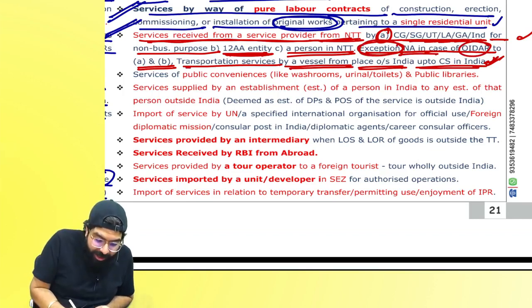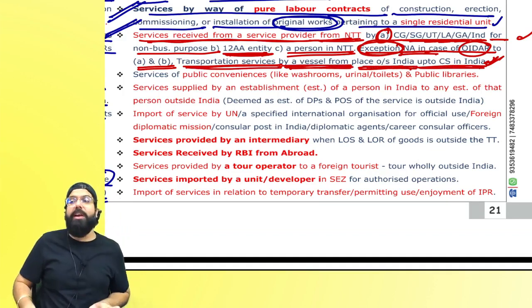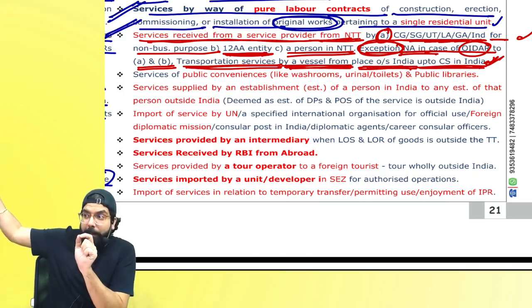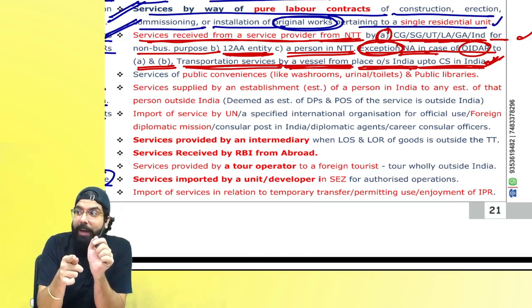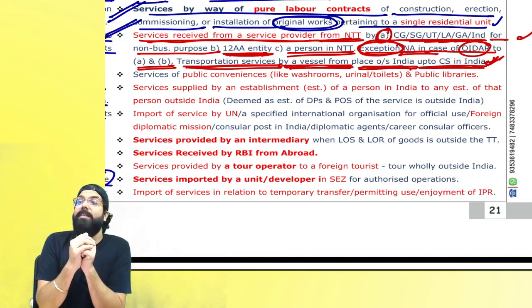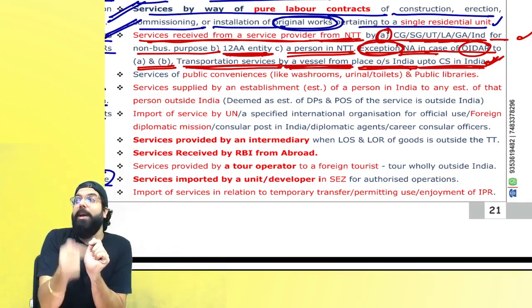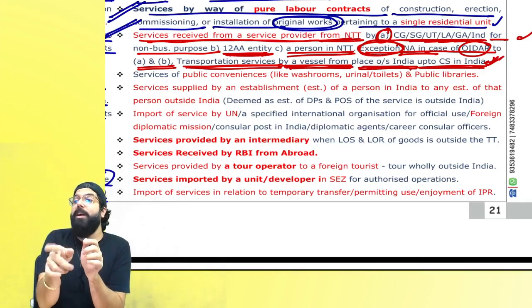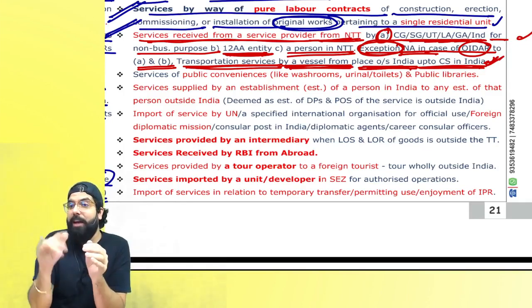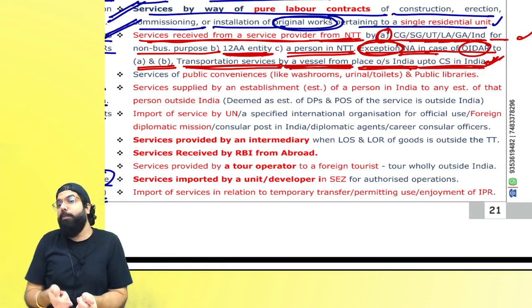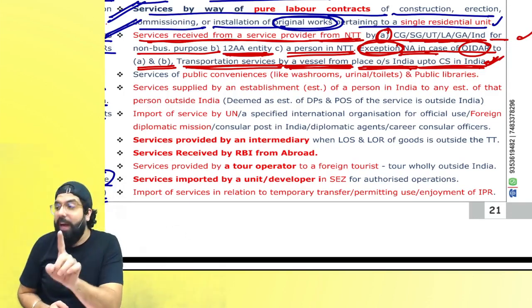Plus, if it is transportation services by a vessel from outside India up to the custom station in India, if it's a foreign shipping company, then the importer is liable to pay GST on the transportation service under RCM. If it's an Indian shipping company, it will be liable to pay the GST under forward charge mechanism, and transportation of goods from outside India up to the custom station in India is not exempted.